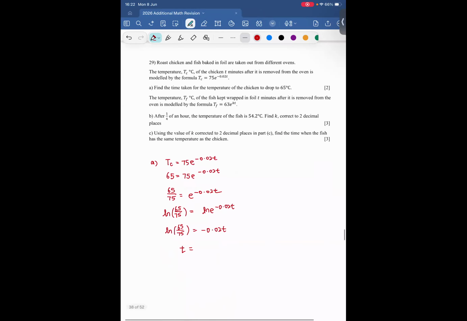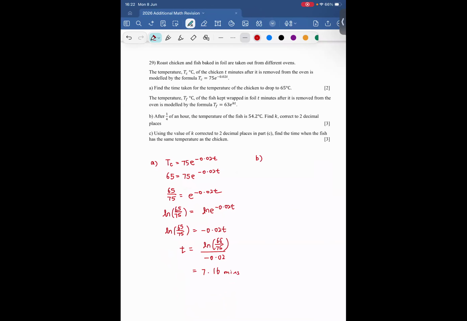You take ln 65 over 75 divided by negative 0.02, you get 7.16 minutes.